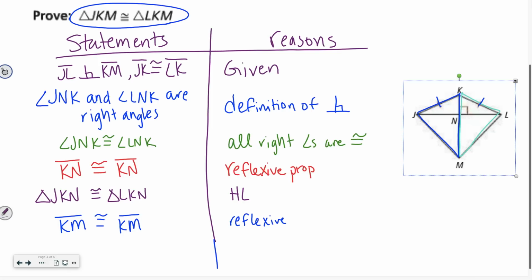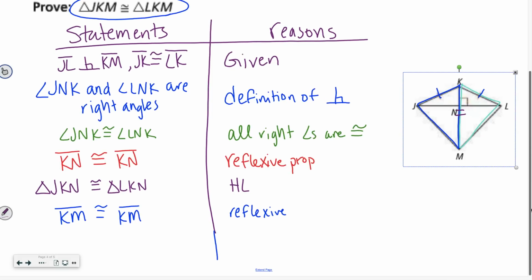Now that I've said segment KM is congruent to segment KM, I have two sides that are congruent, and now I need to either prove a third side or I need to find an angle. And if I'm looking for an angle, it has to be the one between the two sides that I know. So that would mean I need to know that those two angles are congruent.